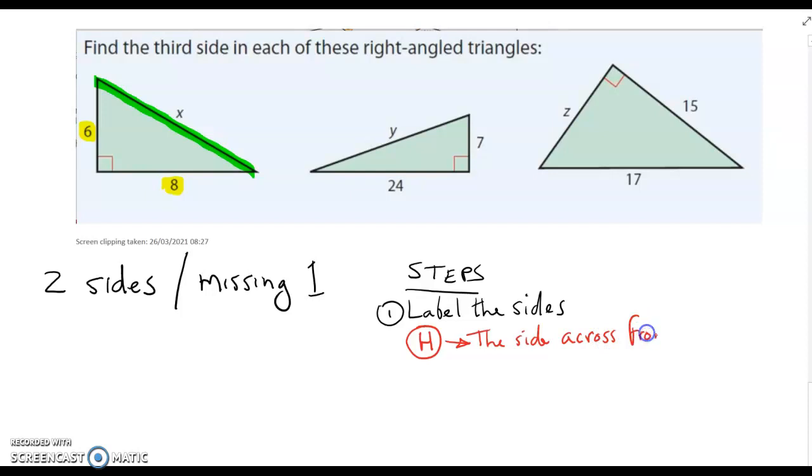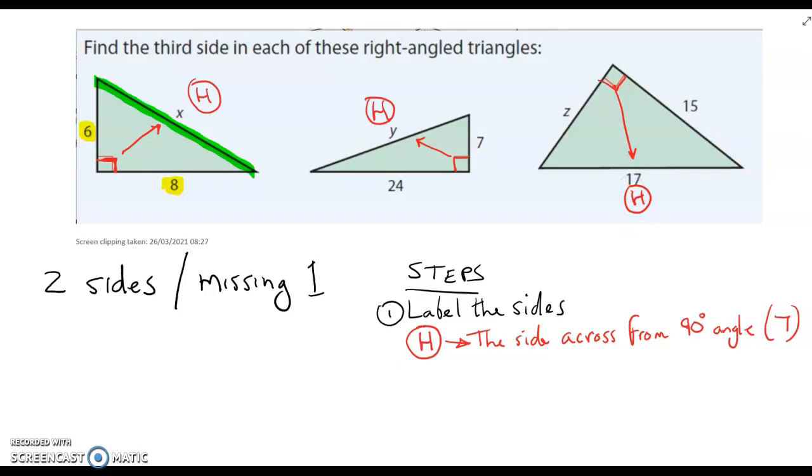The right angle is a 90-degree angle, and you'll see it because it has a little box in the corner. So you see that there, that's the right angle. Across from that is H. On this one, it's over here, H. And on this one, it would be over here, H. That's the most important side to label.